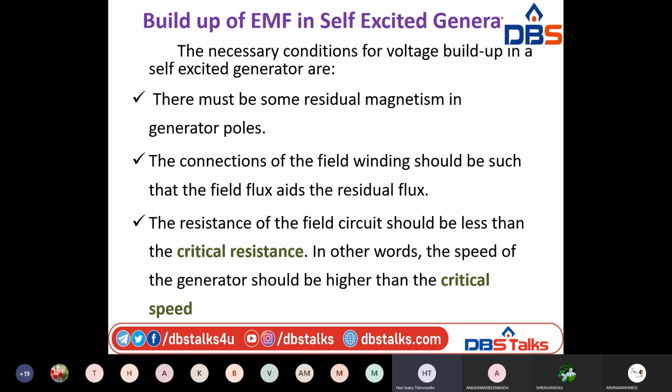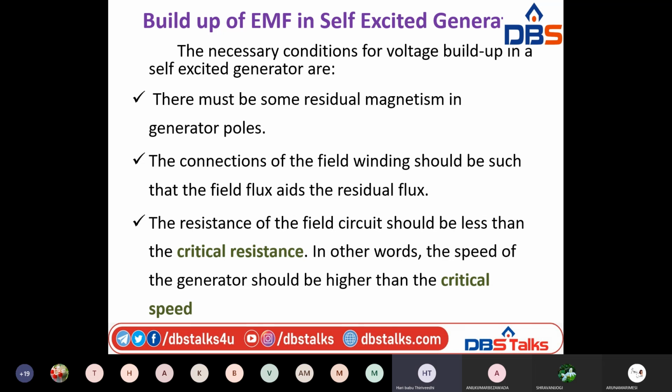Generally, when the armature rotates, the conductors cut the small residual flux to produce EMF. This EMF is called residual voltage. This small EMF may drive the field winding. Thus the field current IF now produces more flux, which is greater than the residual flux.